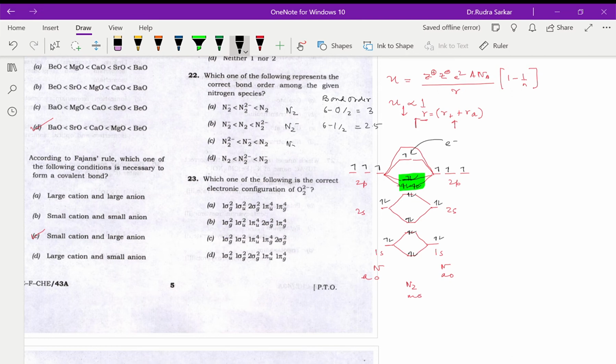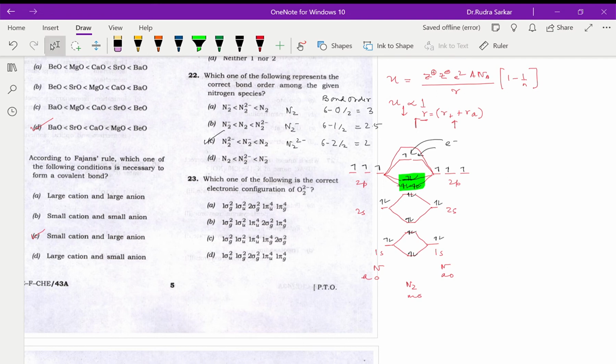For N2 2 minus, another electron is added in the antibonding. So 6 minus 2 by 2, and that should be 2. So obviously when they are asking about bond order, N2 has more than N2 minus, which has more than N2 2 minus. The answer over here is going to be C, the correct answer.